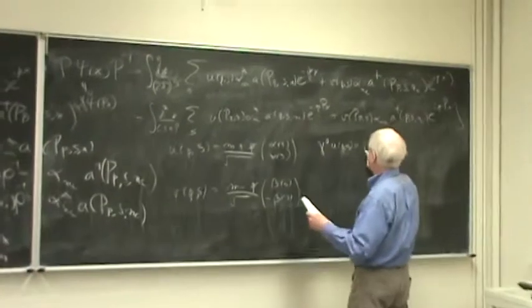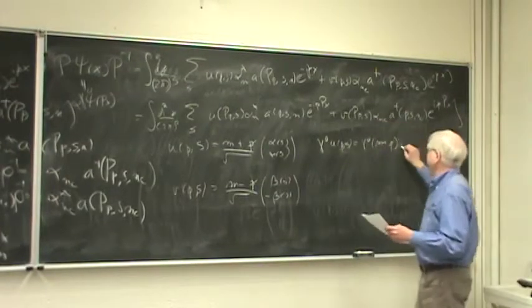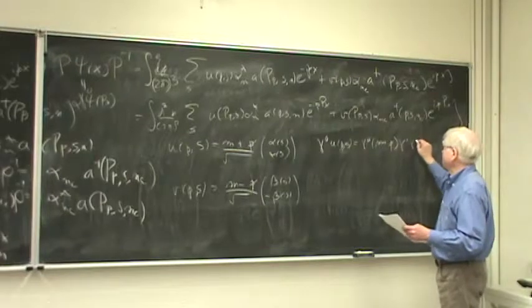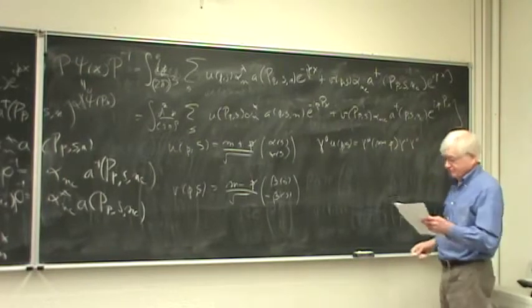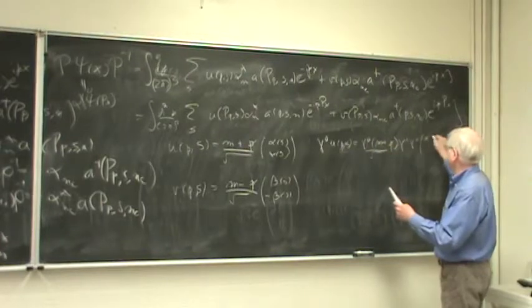Well, this is gamma 0 m plus p slash, and now we can put in two gamma zeros here because gamma 0 squared is 1. Normalization, alpha of s, alpha of s.